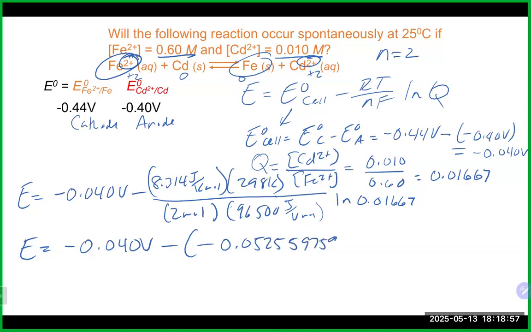Keeping a lot of guard digits there. And we're going to now finish that up. Minus 0.04 minus my answer is going to give me a whopping voltage of 0.013 volts. Is this reaction spontaneous?